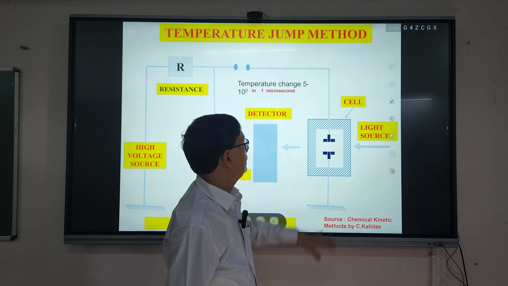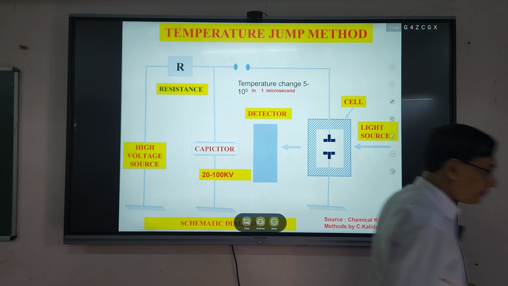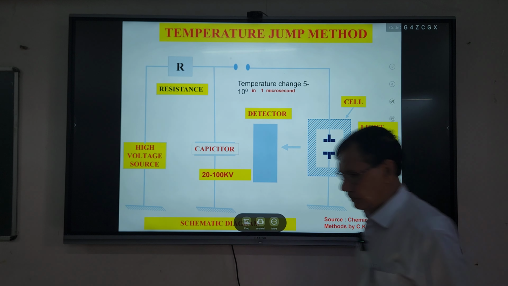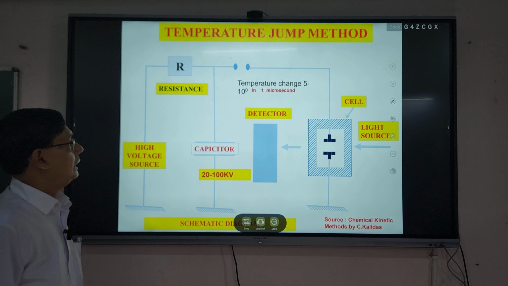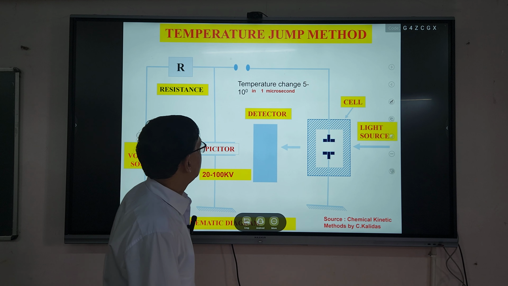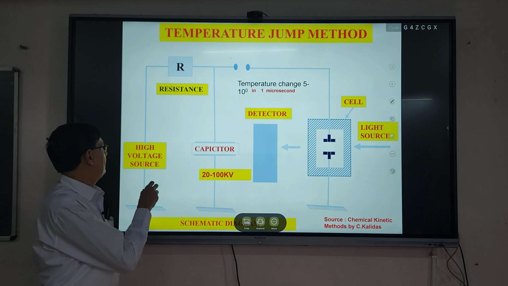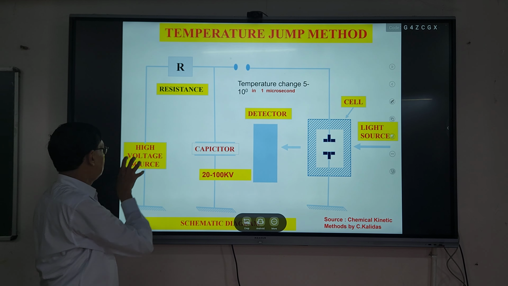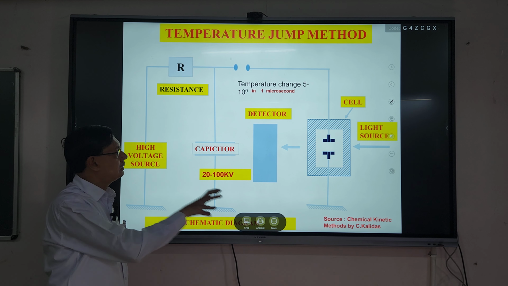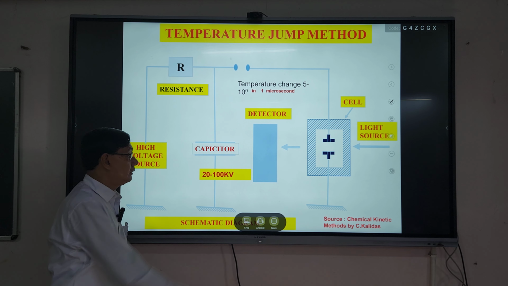Similarly here there are two cells, connected with a capacitor, which is also related to a high voltage source. It discharges, and this voltage is 20 to 100 kilovolt.